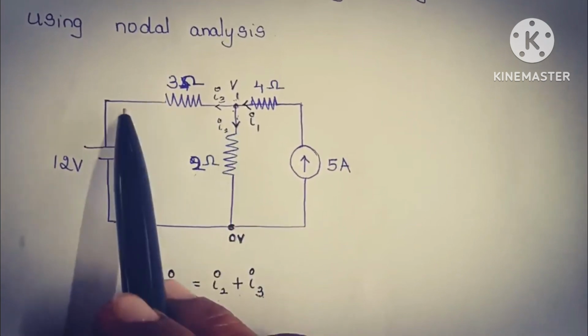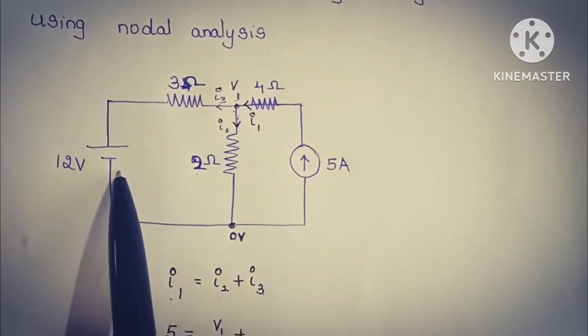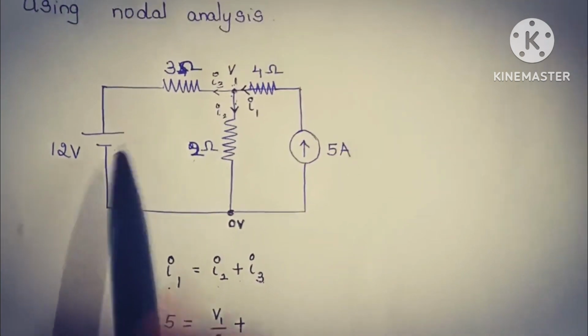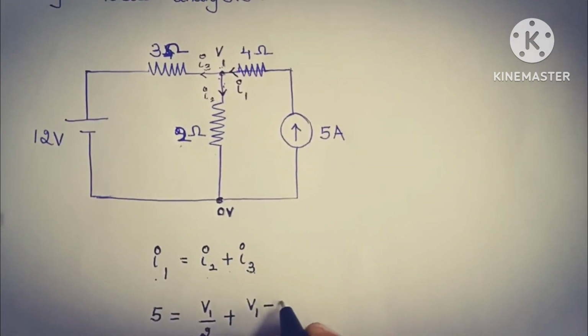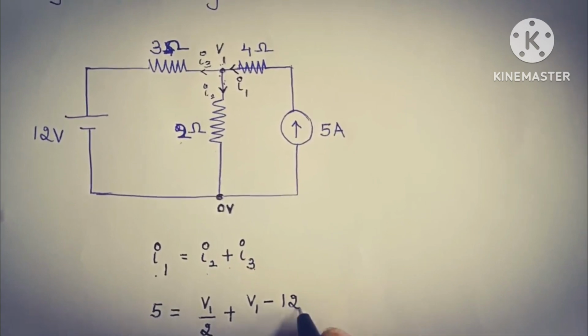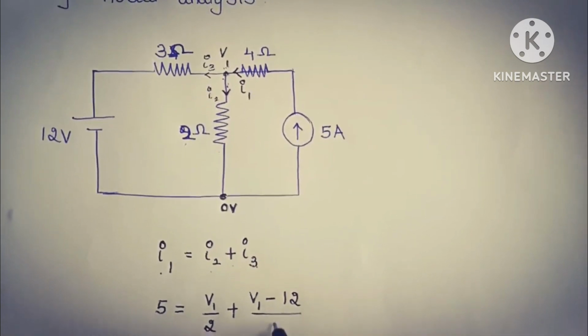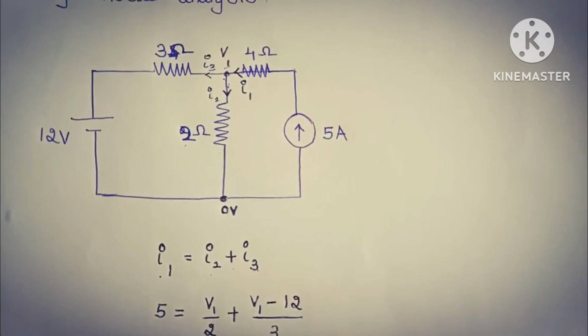But in the same branch, we have another voltage source connected. Therefore, we are going to write the voltage as V1 minus the given voltage 12, by the resistance, that is 3.